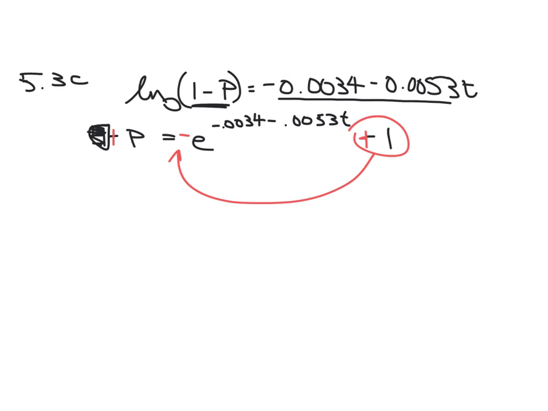B says determine the estimated percent reduction in emissions if a tax of $100 per ton is levied. So for B, all we're doing is substituting 100 right here, and we're going to look for our P value. That's why we changed it to P equals.